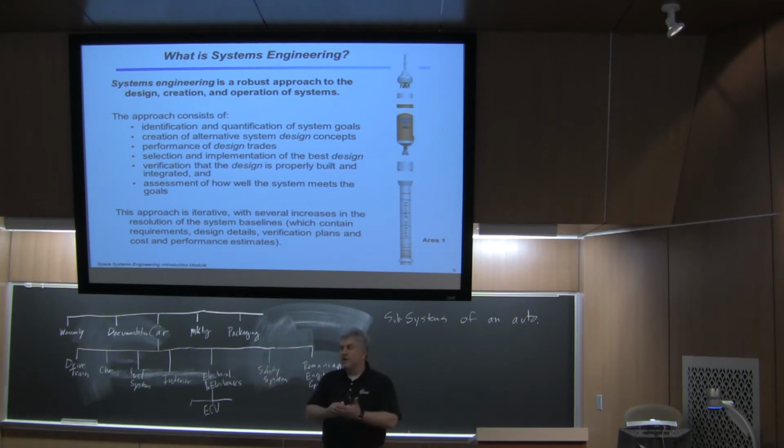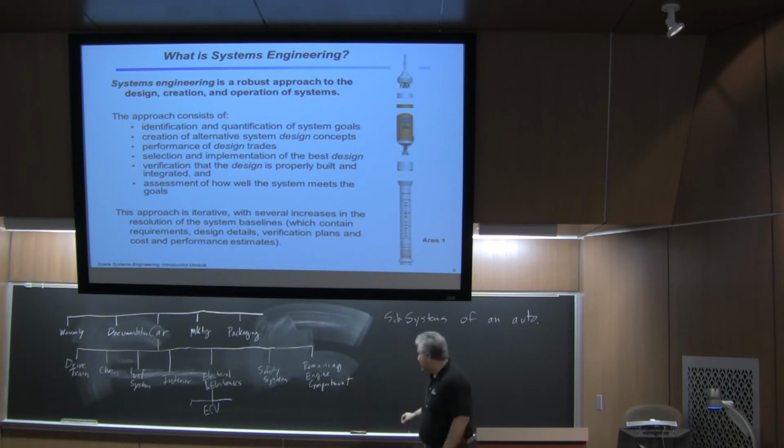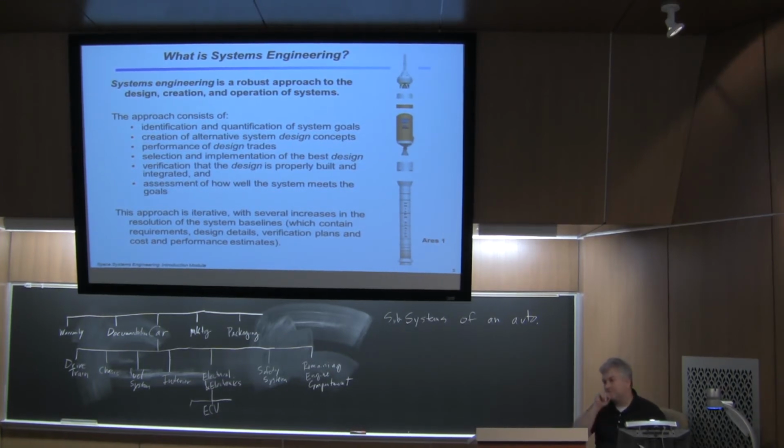Everything from the anti-lock braking system to the radio to windows. So where you identify all of this is part of the work of being a systems engineer, as well as working in a team that designs a system. So when you graduate and work in the real world, you will all work in systems.